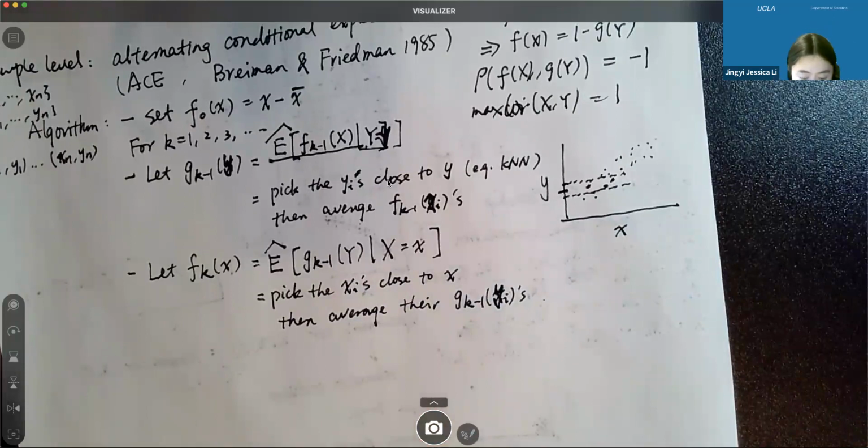Okay, so I didn't explain why this algorithm would work, but I want to give you the intuition behind it.